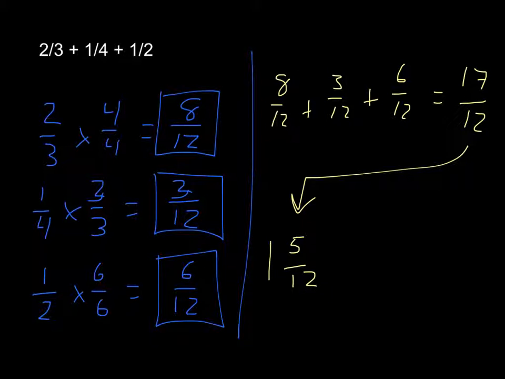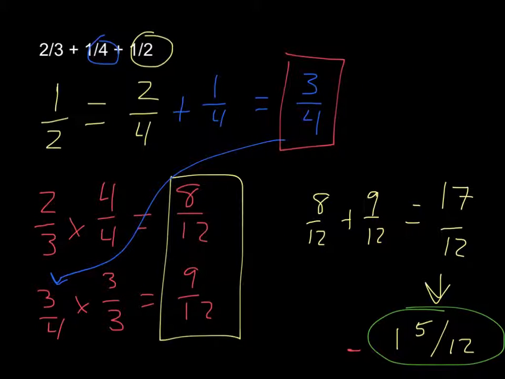Now, the next way that you can solve this is similar. Okay, what I did here is I took 1/2 and said I already know that 1/2 is the same as 2/4. So why not take my 1/2 or 2/4 and then add the 1/4 that I already have. And then I can just multiply those common denominators.